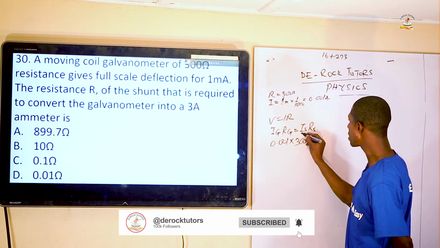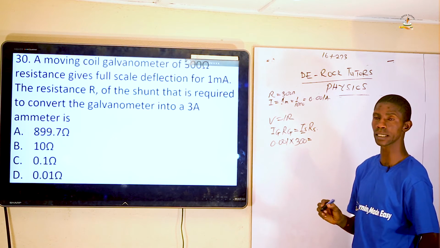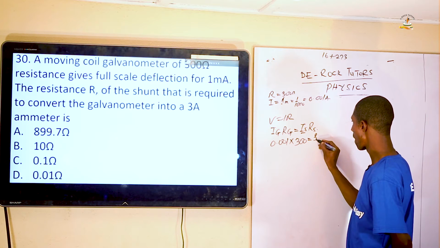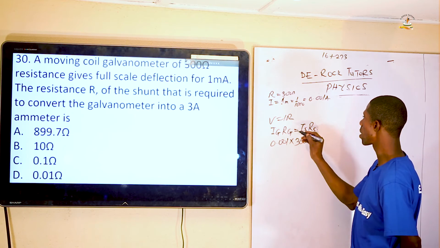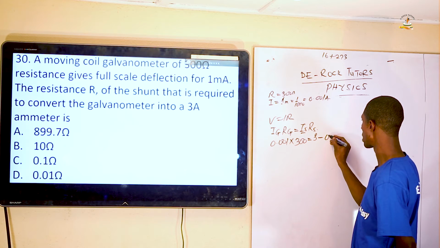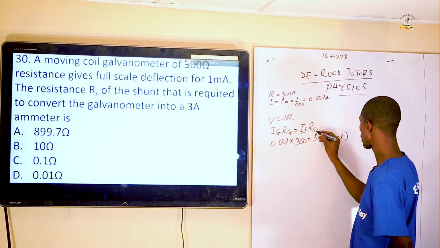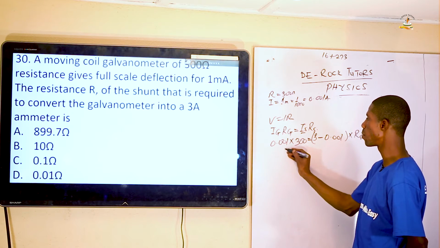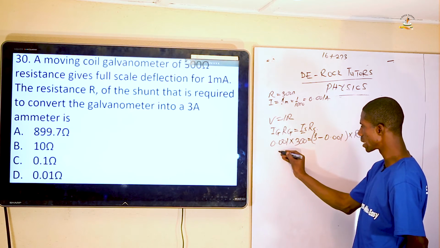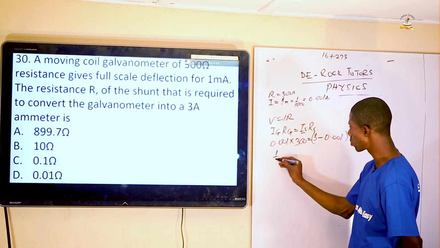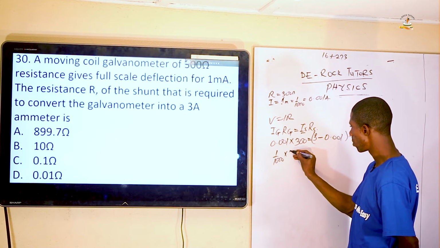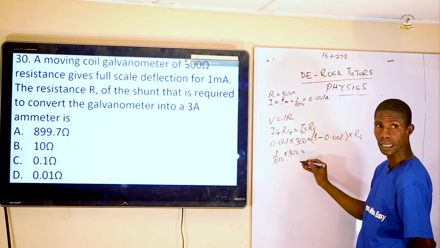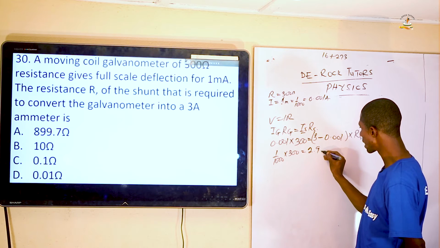But how do we now get the value of the current in the shunt? The current to be converted is 3 minus the current in the galvanometer, which is 0.001, then multiplied by the resistance in the shunt. So we can change this to a fraction, where we have 1 over 1000 multiplied by 300, then taking away 0.001 from 3, we have 2.999.